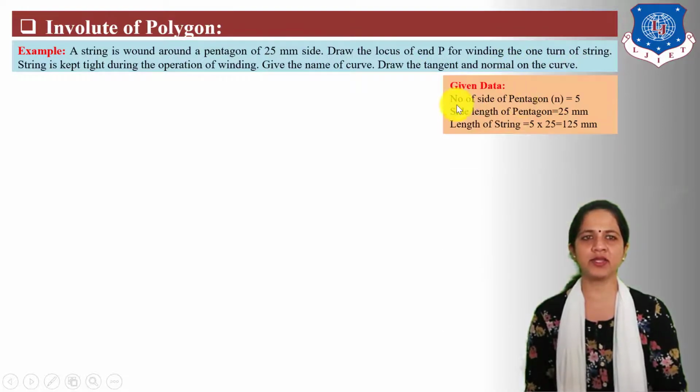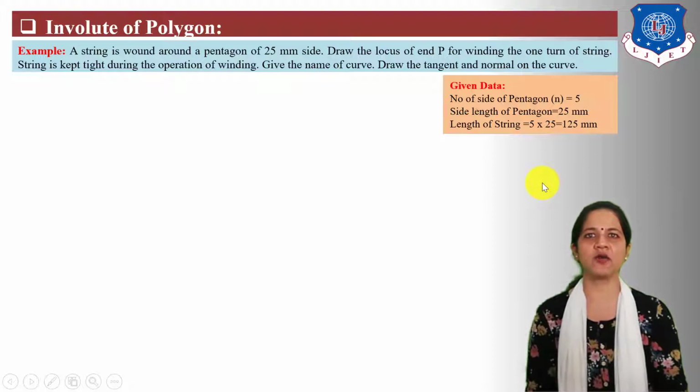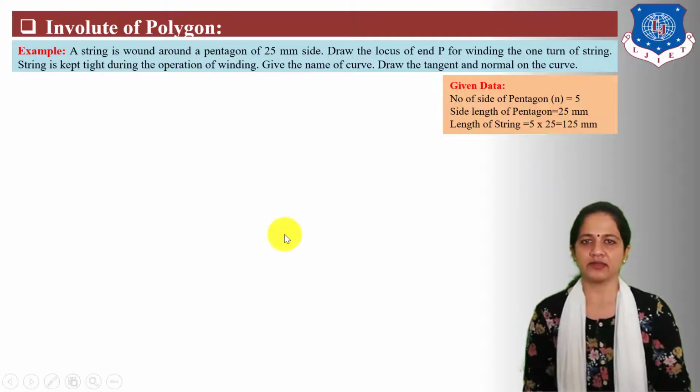First, list out given data. Number of sides of pentagon is equal to 5. Side length of pentagon is equal to 25 mm. So, length of string is equal to 5 into 25, which is 125 mm, because during the winding operation, the string is wound around the pentagon.